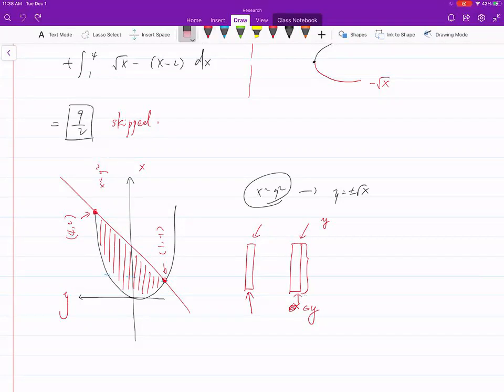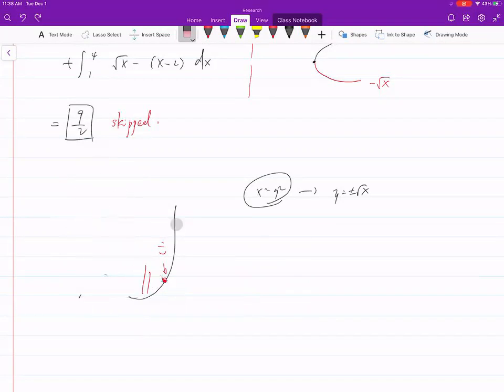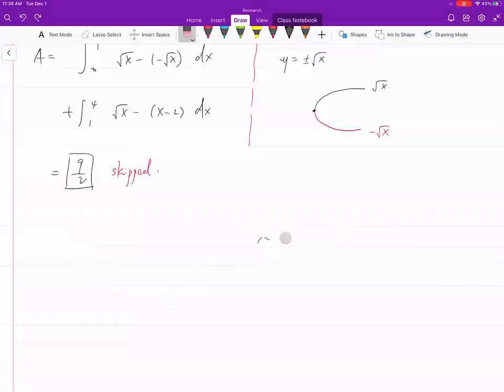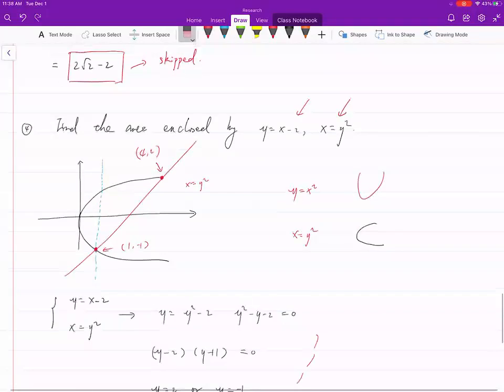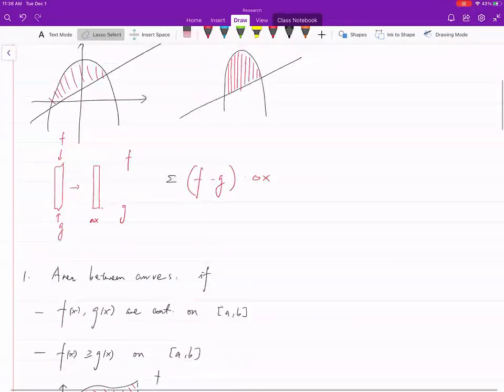Of course, we don't want to do too much. Let's erase this. We don't really want to actually switch everything, so let me just copy everything.